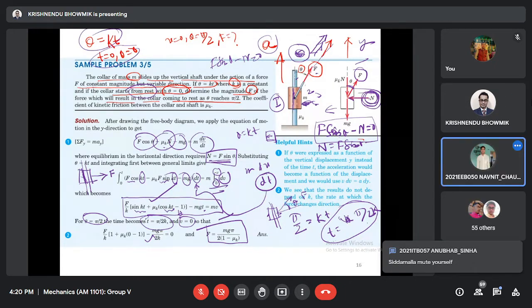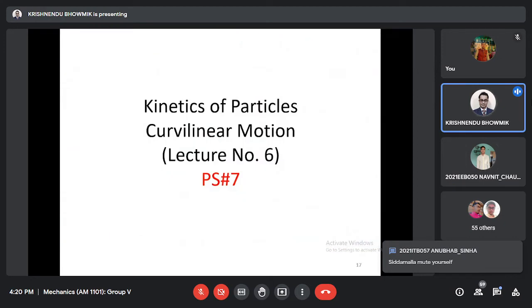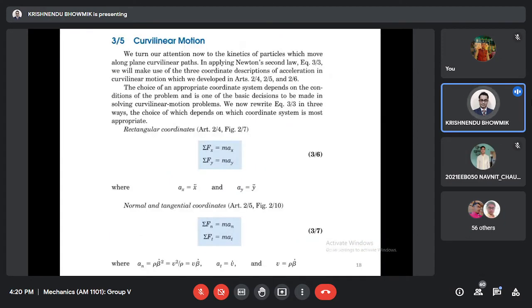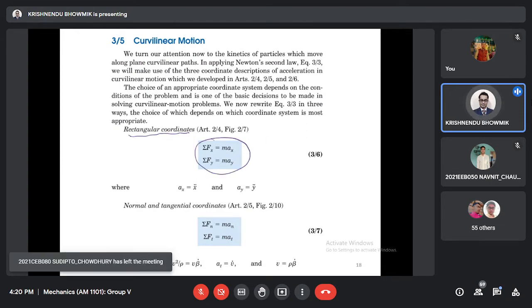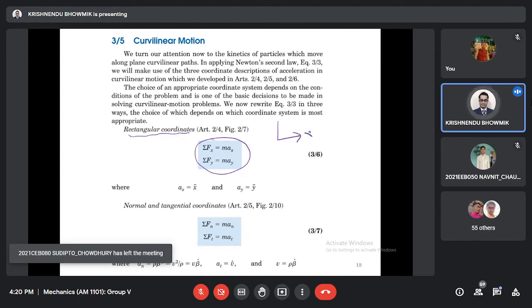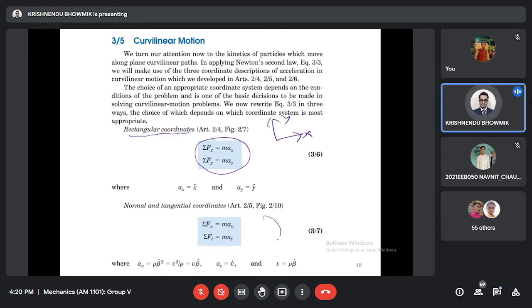Yes, sir. Okay, fine. Next is curvilinear motions. When we are considering curvilinear motions, the way we did for rectilinear motions, these are the relationships. Rectangular coordinate: this was x, this was y. But here this is the n and this is the t, normal and tangential coordinate.